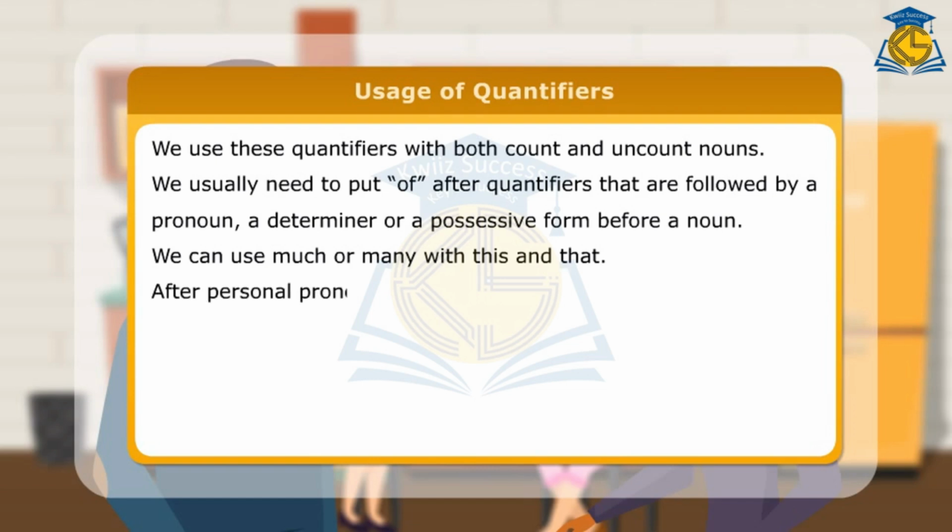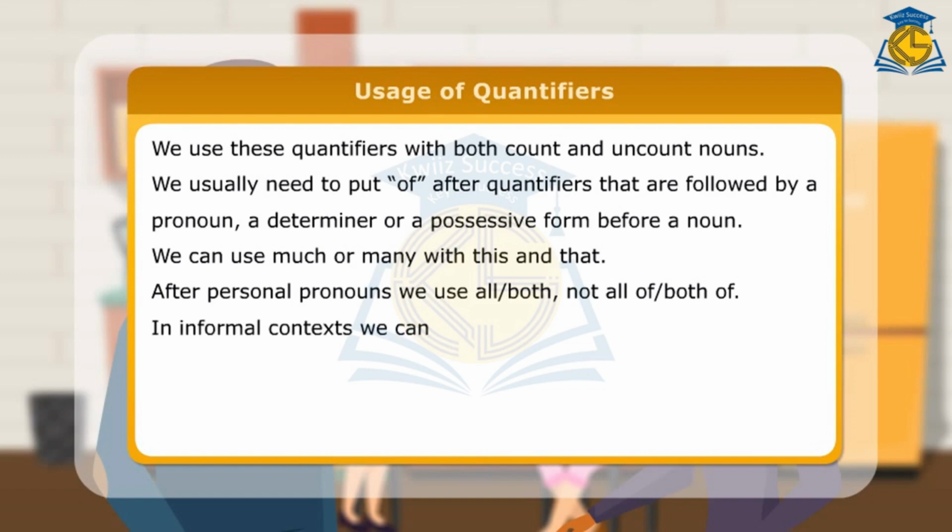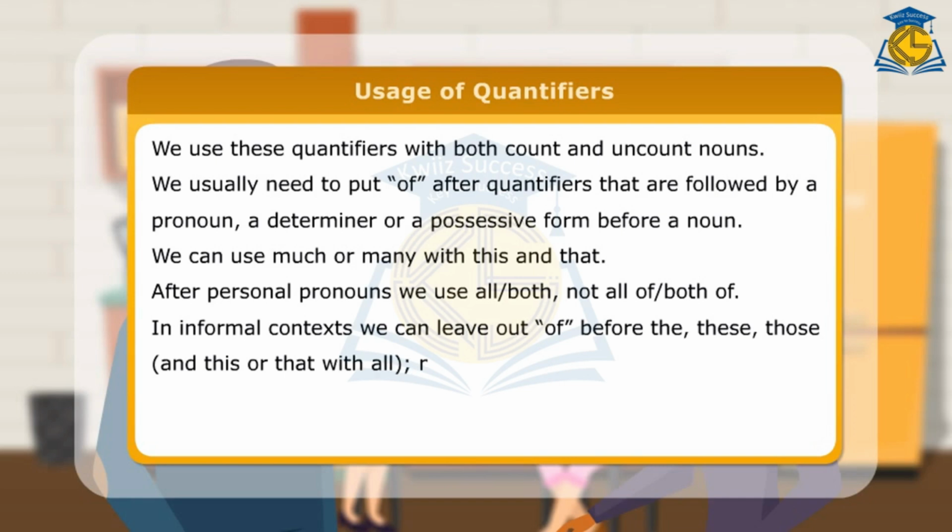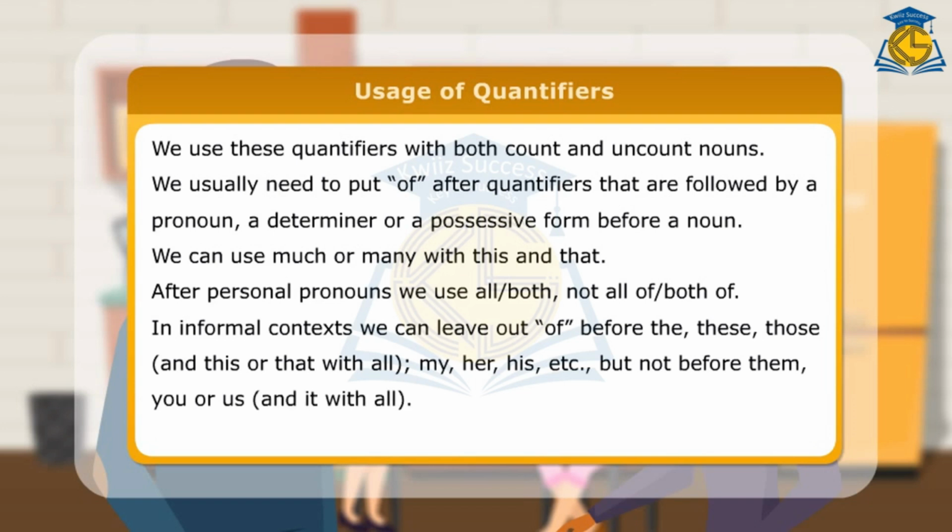After personal pronouns, we use all or both, not all of or both of. In informal context, we can leave out of before the, these, those, and this or that with all, my, her, his, etc., but not before them, you, or us, and it with all.